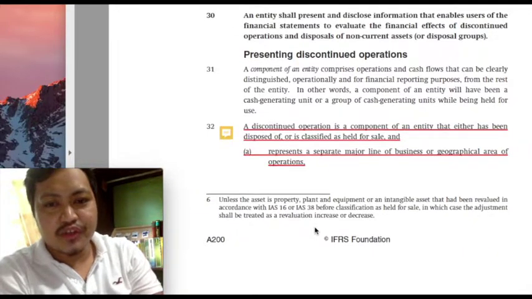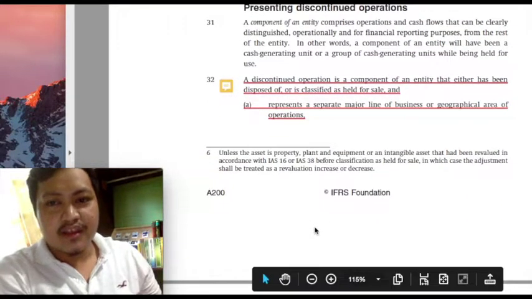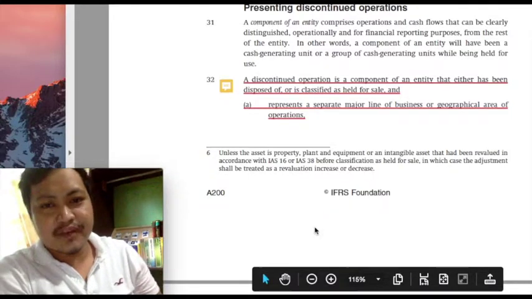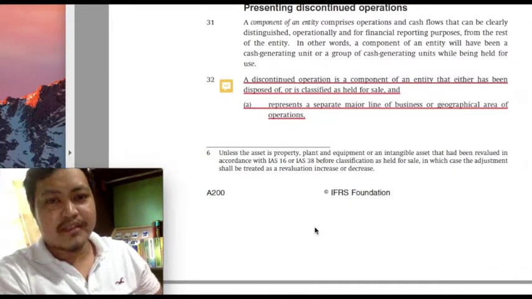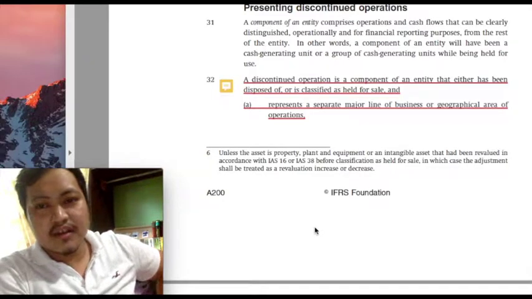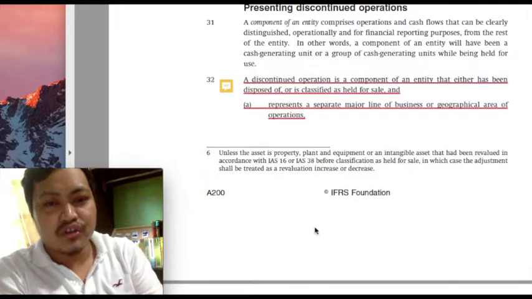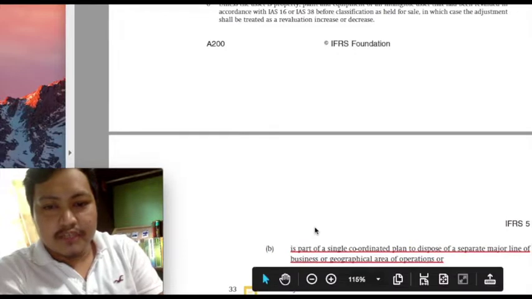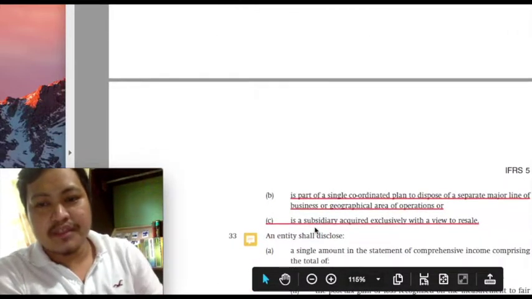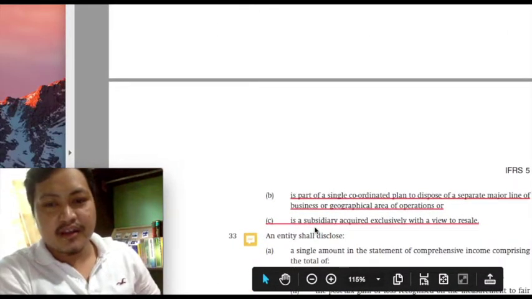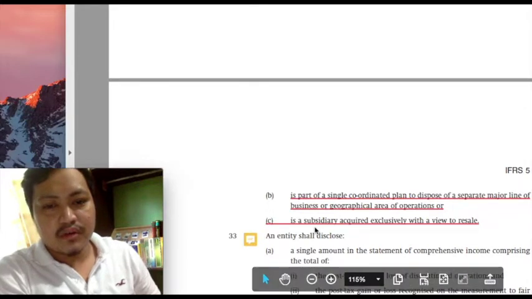Paragraph 32, a discontinued operation is a component of an entity that either has been disposed of or is classified as held for sale and represents a separate major line of business or geographical area of operations, is part of a single coordinated plan to dispose of a separate major line, or is a subsidiary acquired exclusively with a view to resale.